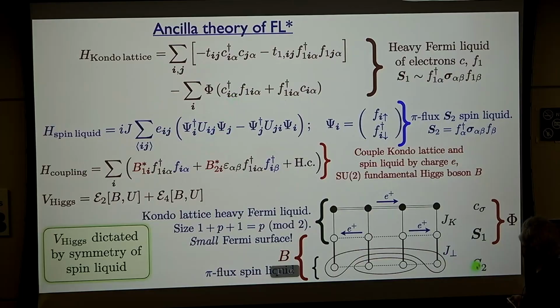So when you now decouple S1 dot S2, you get this coupling here. And now you can see what kind of charges B carries. F1 carries the electric charge and physical spin, but the physical spin is zeroed out here. So B is spinless, but it carries physical charge E.